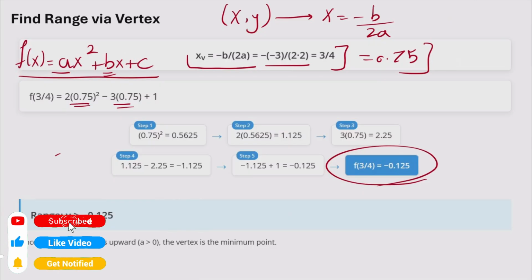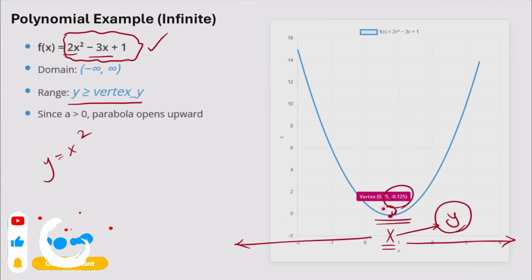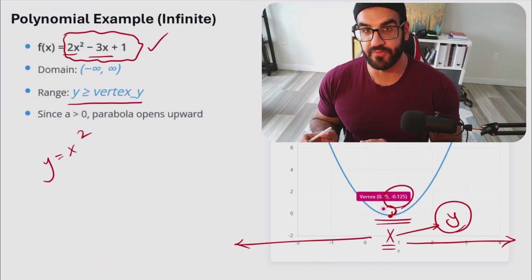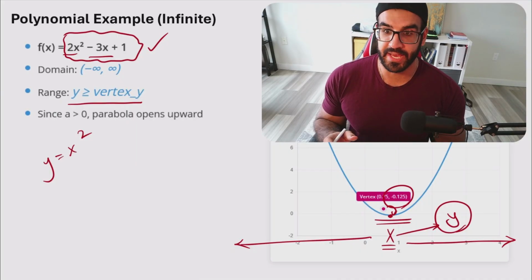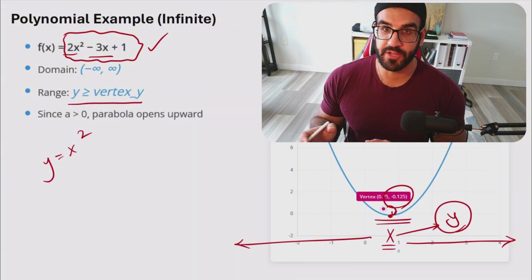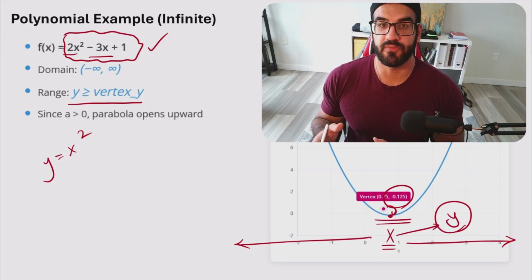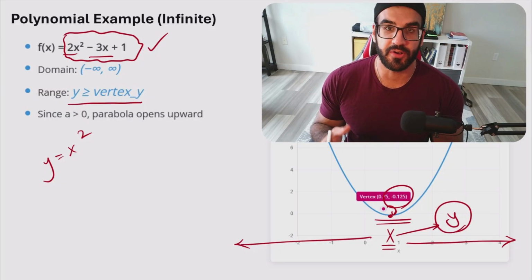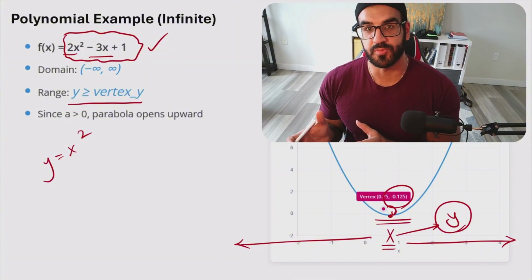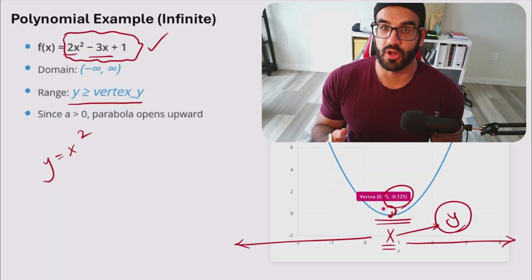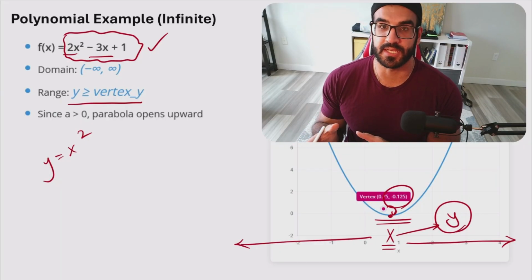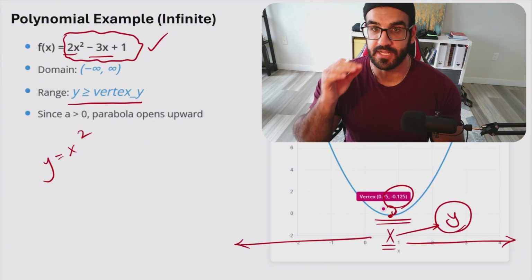It means that whatever value I put into my f of x from -infinity to +infinity is for sure going to give a number from negative 0.125 to +infinity. So in this way, I can find the range of y with a very simple tactic: I find the x part of the vertex, which we can call the vertex point, use it inside f of x, and after that I can find the minimum amount of y.